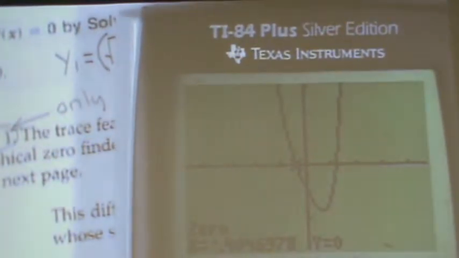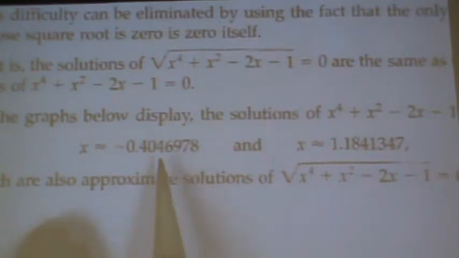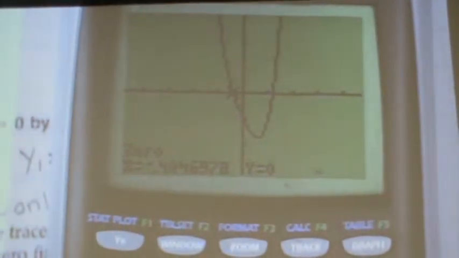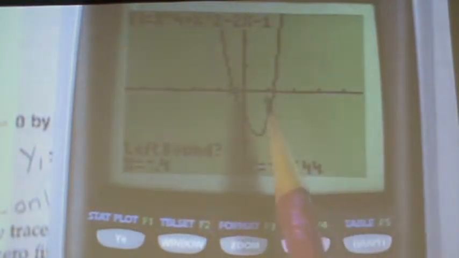It's -0.405. And it's right there. Now, how do we get the second one? Just leave everything there and just hit second calc again and go to the next 0. And then what are the left and right bounds? I'm going to say between 1 and 2.